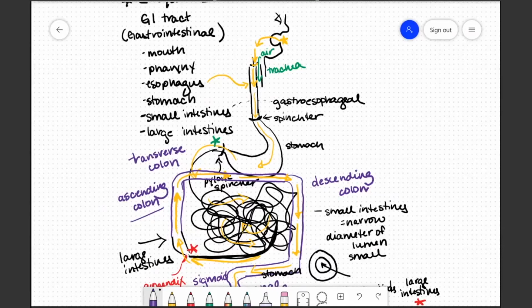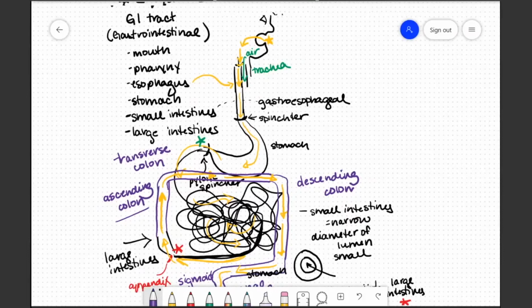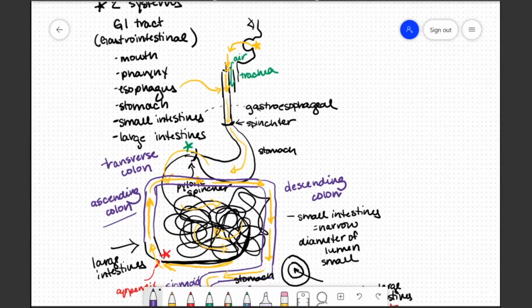You want it to be because the goal is taking food in and being able to get physical digestion and break it down and then pull out those nutrients. However, if for some reason it was to reverse itself and things were to go the other direction, it is not that big of a problem. So that's your GI tract, which is your primary system.